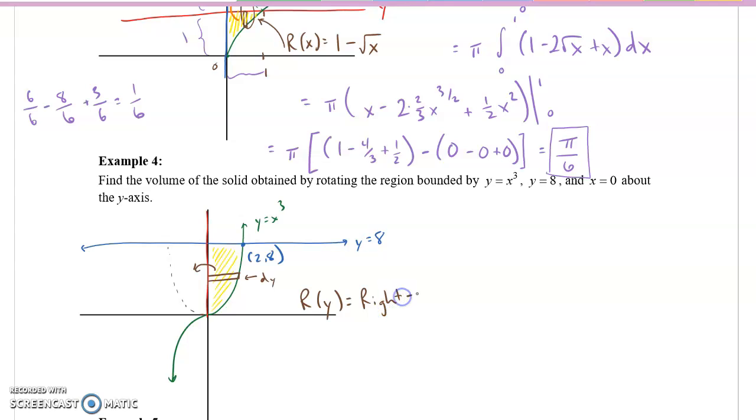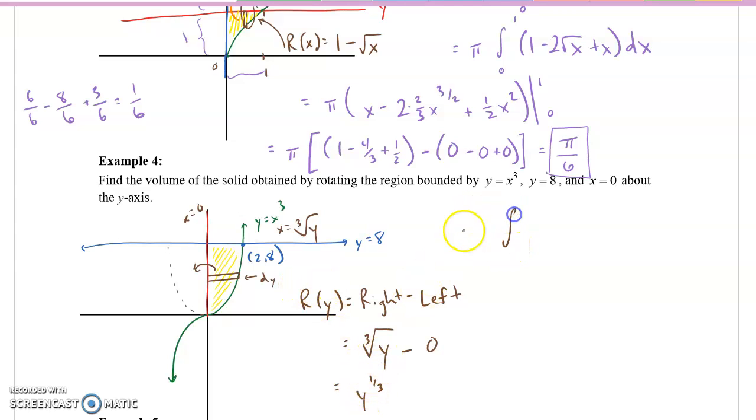So that's an important thing to remember, right minus left. So in this case, the right value is the curve y equals x cubed. In other words, x equals the cube root of y. We want an x value written in terms of y. And then the left value is x equals 0, so that's easy. So the radius function of y is y to the 1/3.